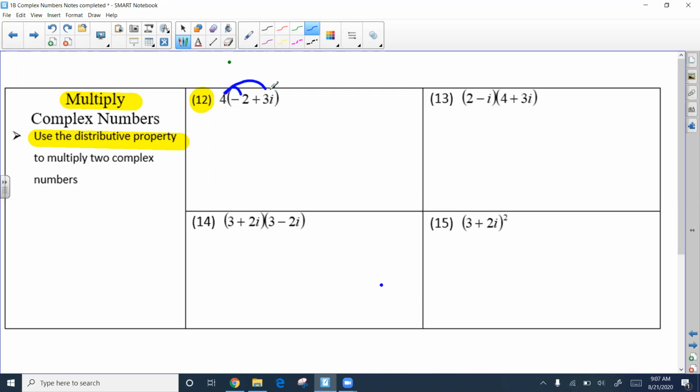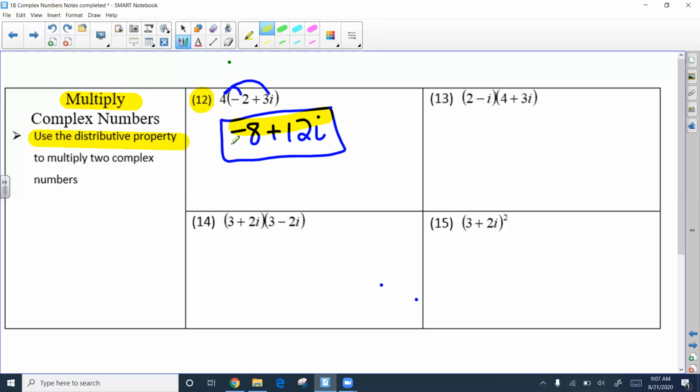So I'm going to distribute that 4 to both of these. So I'm multiplying both of them by 4. So if I do that, 4 times -2 is -8. 4 times 3i is plus 12i. And now that's in the correct form because it's in the form a plus bi, and that's it. So that was pretty easy. We just had to distribute the 4 and we got -8 plus 12i.